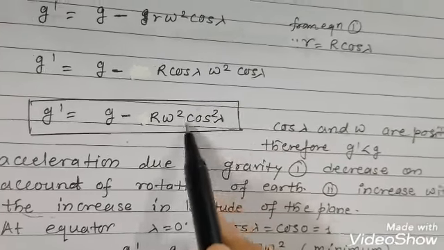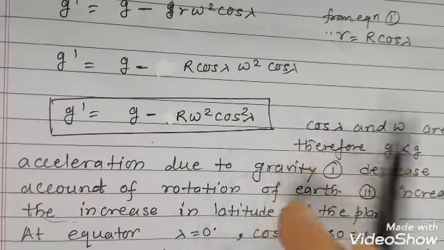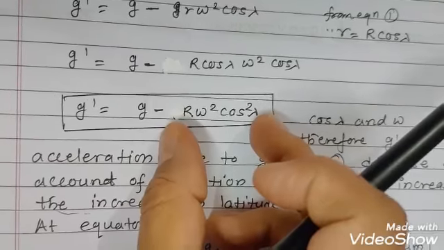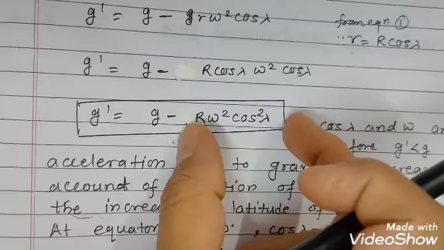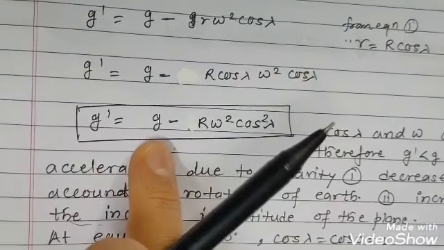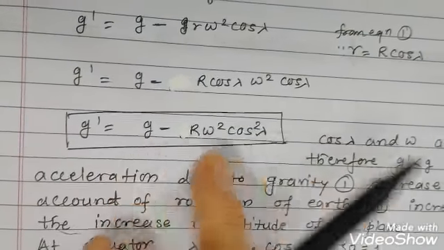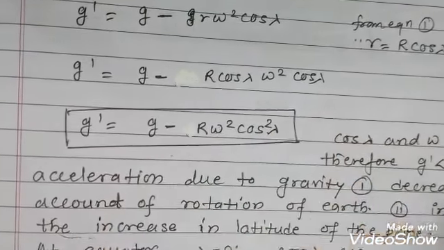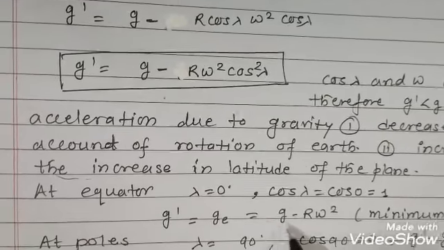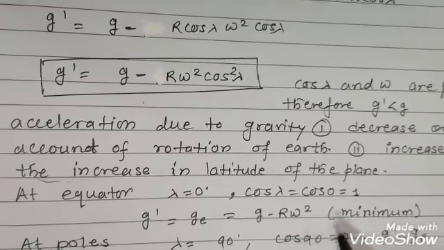So when the maximum value of cos is there, this second term will be maximized, so the whole term will be minimized, because the second term is subtracted from the first g. So the whole term is minimum now, and that will be equal to g minus R omega square.